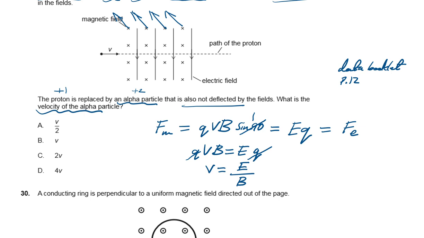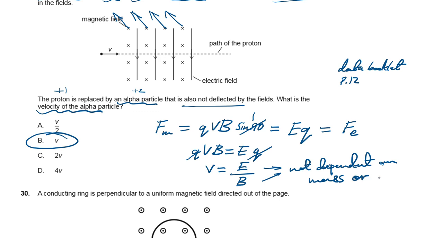And so actually the velocity should be the same and should be v for both, because neither of these are dependent on the mass or the charge.